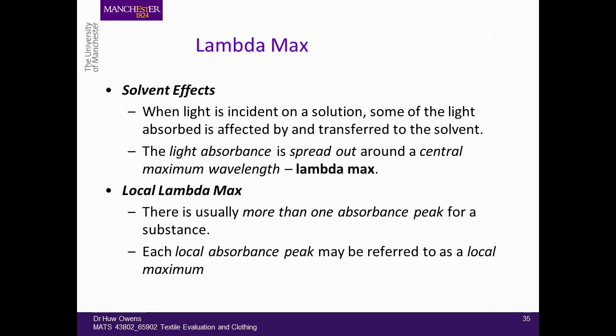So you can have what we call a local and a global lambda max. So here we might have two peaks. This might be a local maximum, but this is the global maximum. That's the highest value. But locally here, that's the local maximum. Okay.